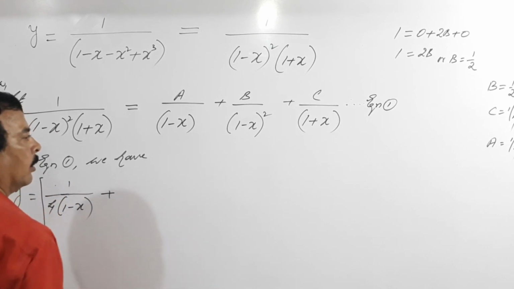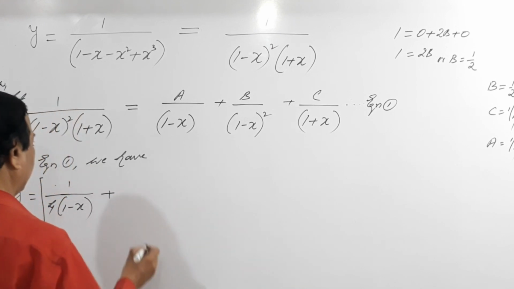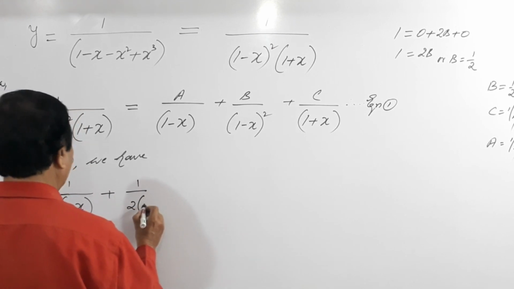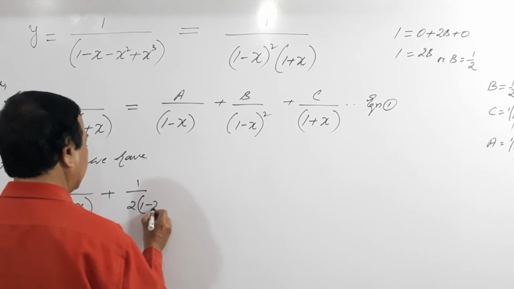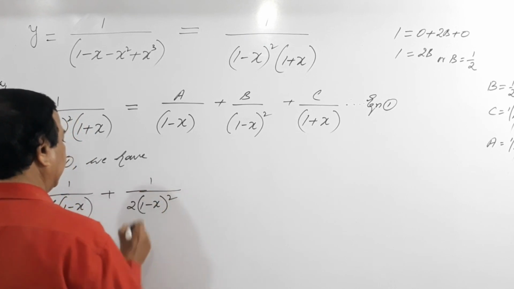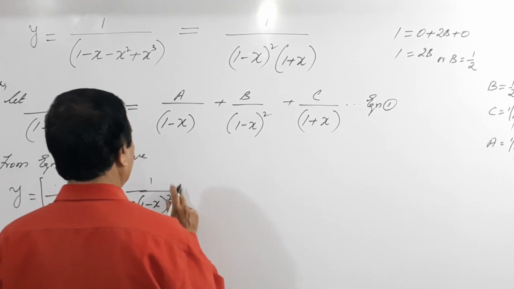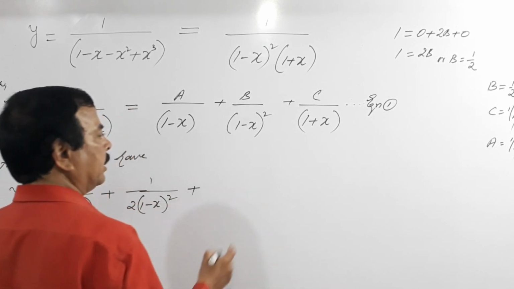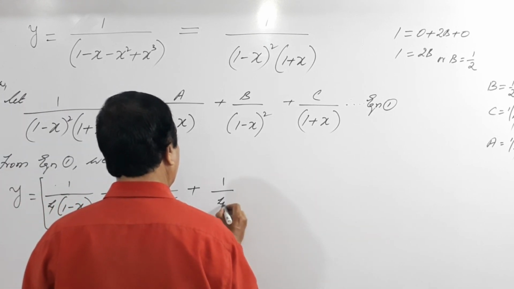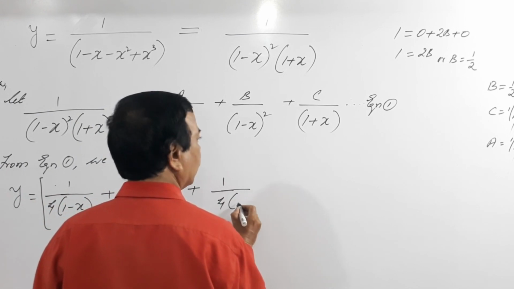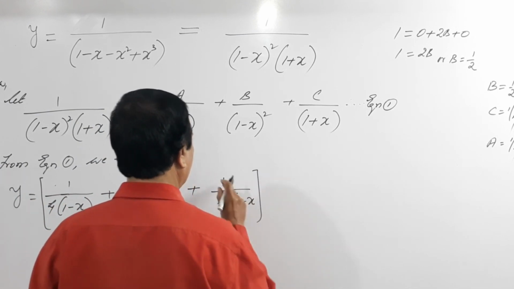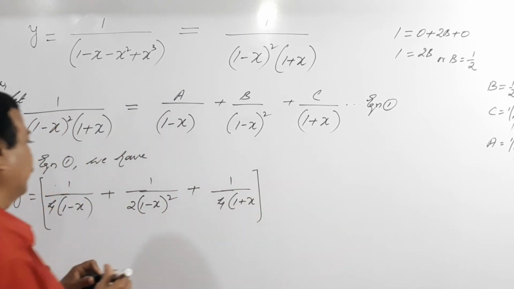Plus, what is b? b is 1/2, so 1/2 into 1 by (1 minus x) the whole square. Plus c is 1/4, again 1/4 into 1 by (1 plus x). Correct?